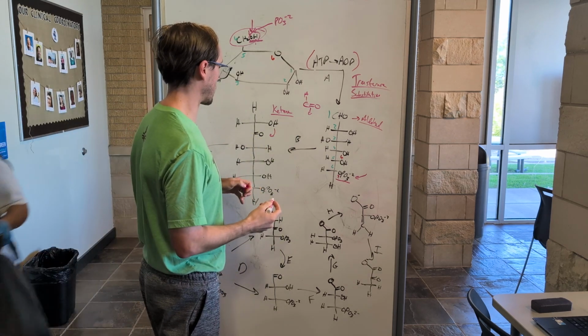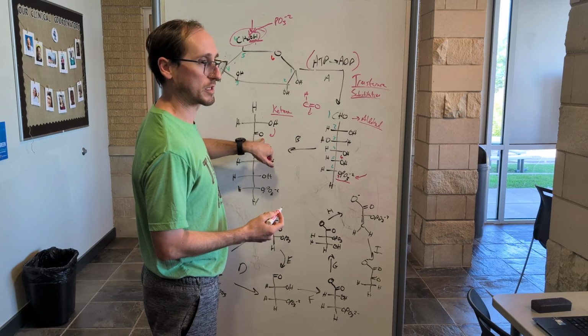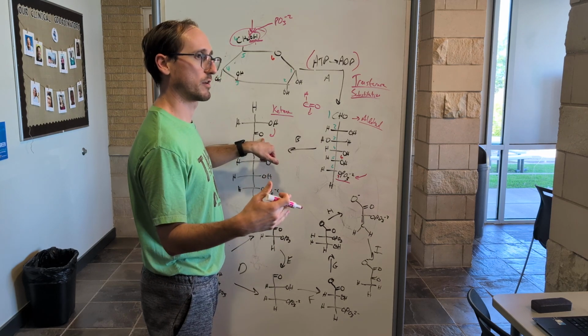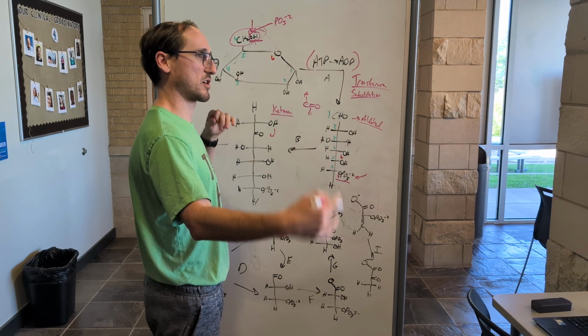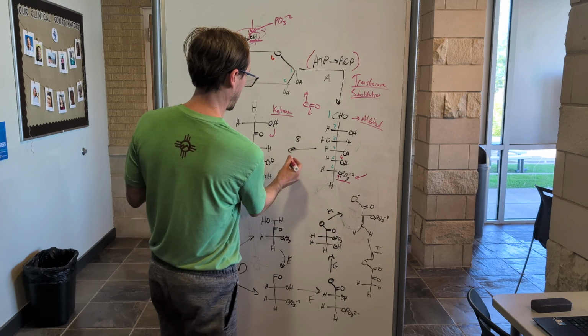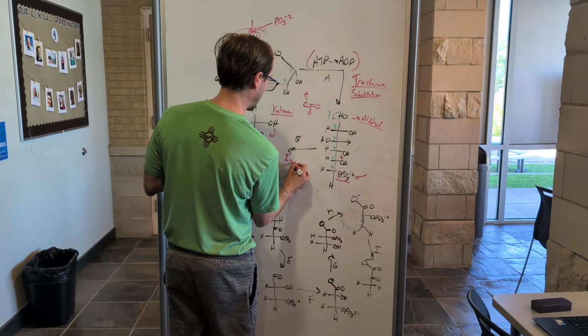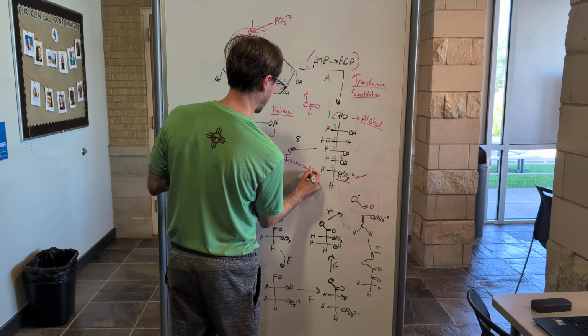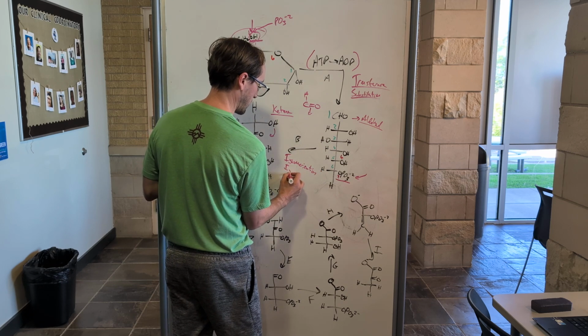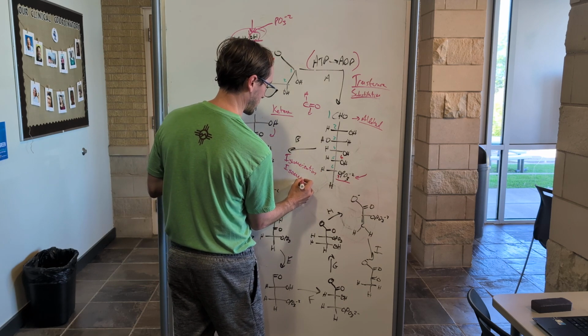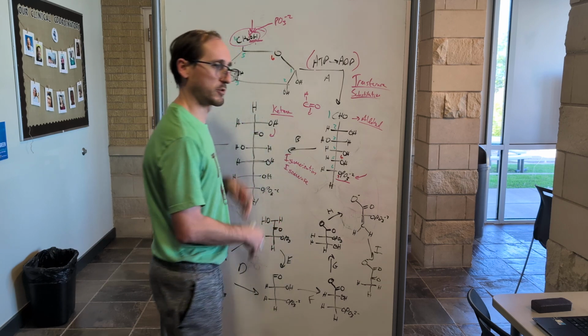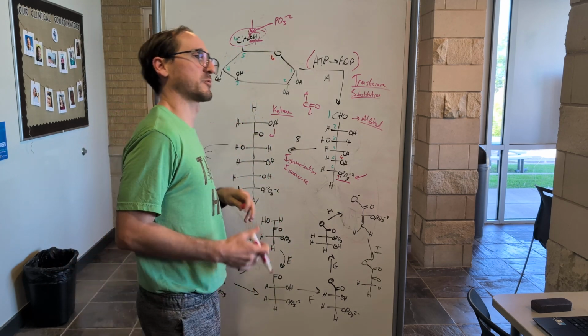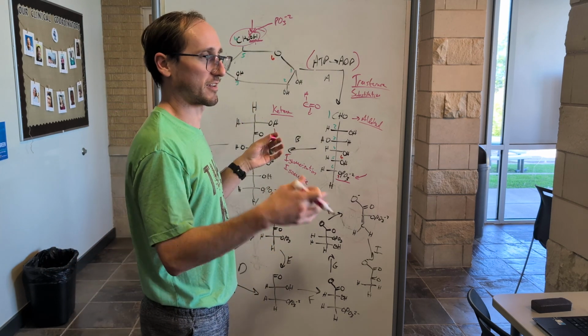With that being moved, but nothing else changing, it's an isomerization. And that is done by isomerase. It's really easy to remember which protein does it if it's the exact same name.